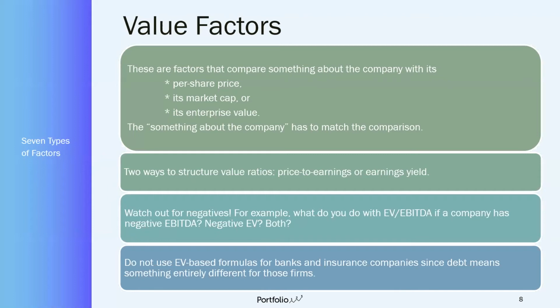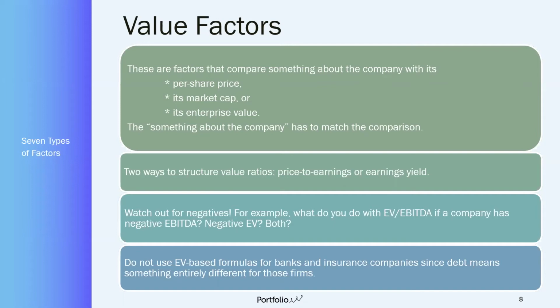With value factors, I prefer to go with industry or sector comparisons, particularly when they are compared to market cap, because companies have very different capital structures depending on their industry or sector. With enterprise value, I'm more flexible, and I usually use the entire universe for those comparisons.